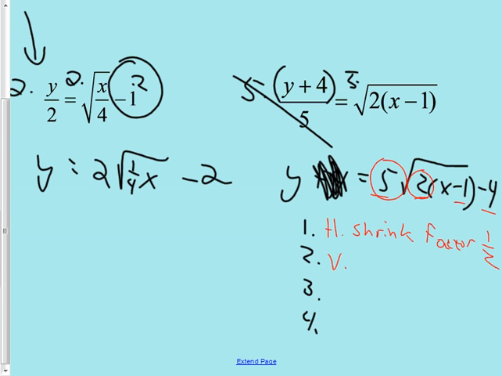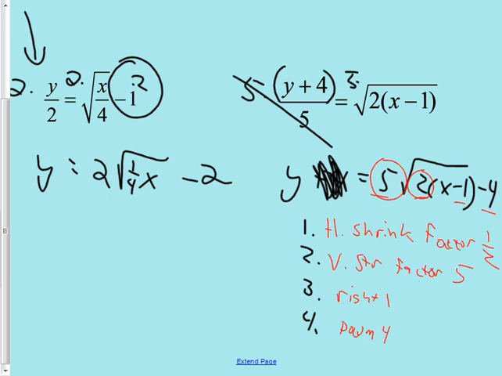Good. Factor 5. You got it. How come you can trust it when it's on the outside? Because it's on the outside, and you can trust stuff on the outside. And then the last thing, you do it from the inside out, and you'd have right 1 and down 4.